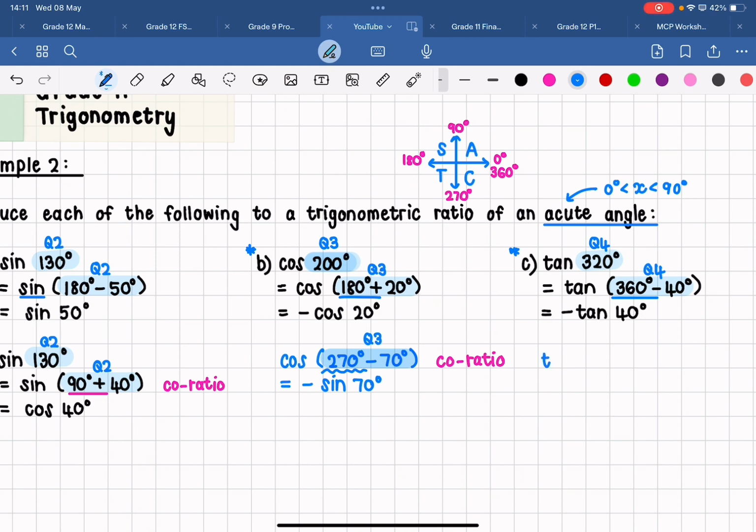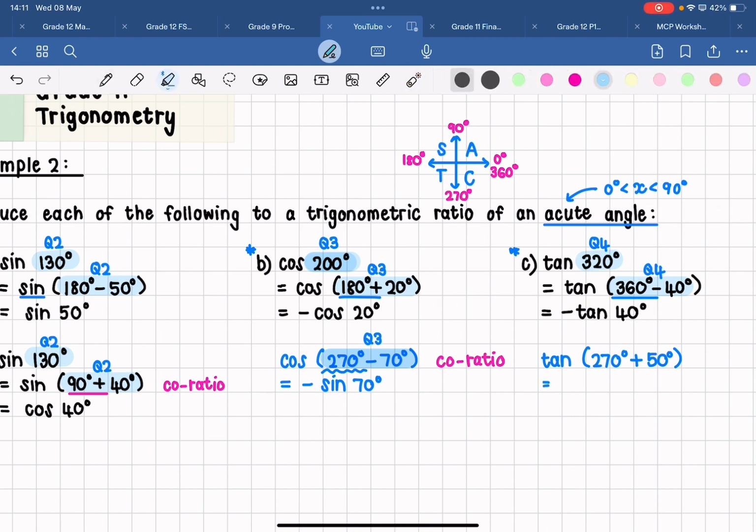If we wanted to use the same method for the last question, we would say that 320 is the same as 270 plus 50 degrees. But now we have a problem because we actually don't work with the co-ratio of tan in the syllabus. So now you might feel stuck. The co-ratio of tan is cot, but it's not in the syllabus.